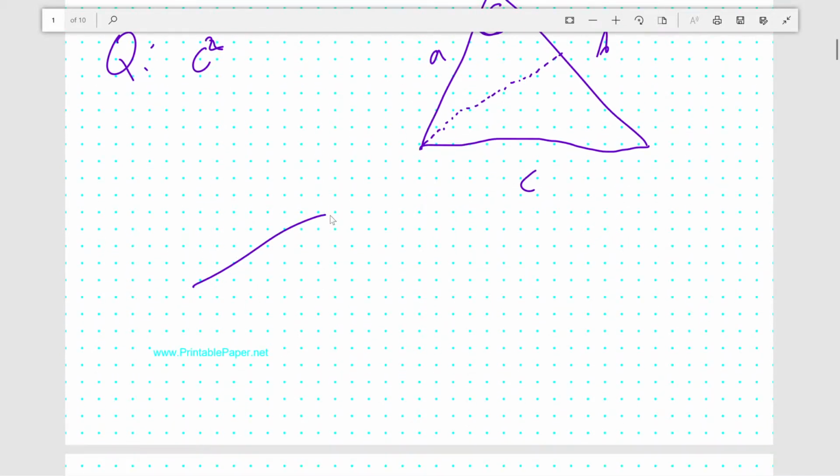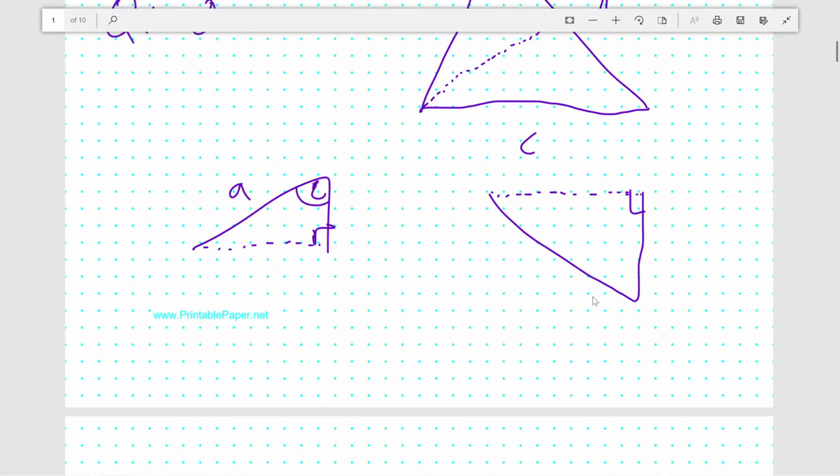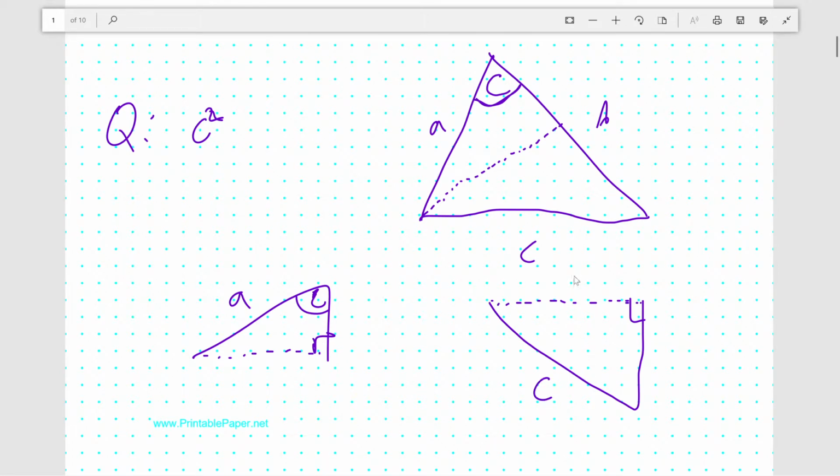So we are given this right-angled triangle here with one side A and an angle C. And we are also given this right-angled triangle here with one side being the height of the triangle and the other side being some unknown angle. But we'll figure this out later. Basically we know C is on this side, so if we can figure out this side, and we add it together and square it, we'll be able to find C.